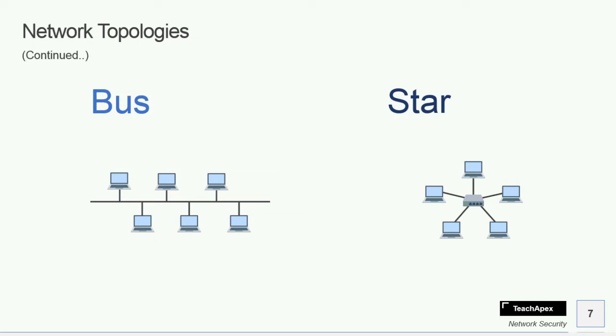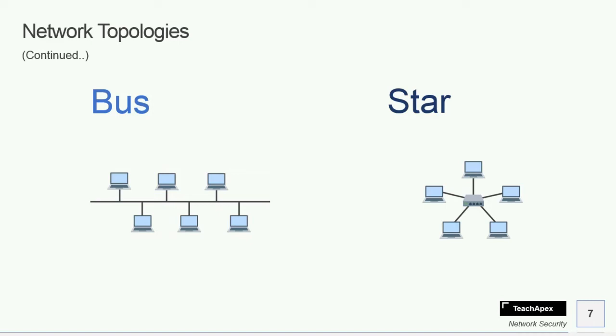You don't need to purchase a number of devices or cables. But the drawback of this topology is that if the cable fails, then the entire network will go down. Also, if you have lots of network traffic, then the performance of your network will decrease significantly. All right, so this is bus topology.